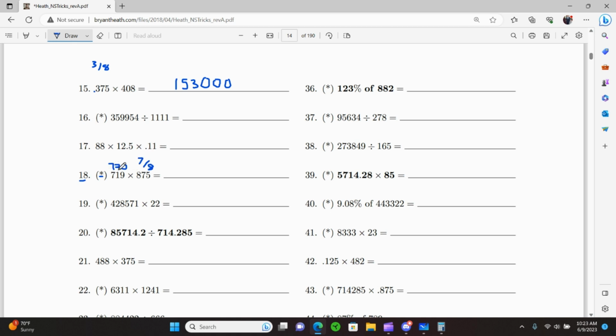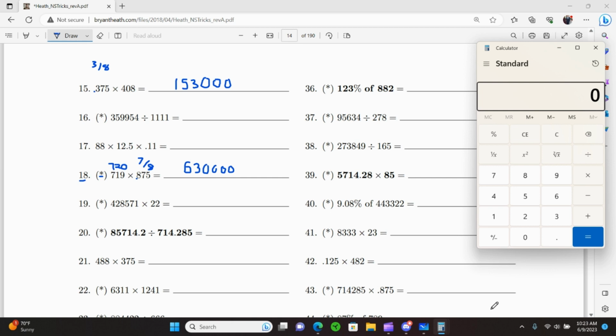So 720 divided by 8 is 90. I'll then do 90 times 7. 9 times 7 is 63. So 90 times 7 is 630. And then finally, for your last step, move the decimal place over 3 places to get 630,000.